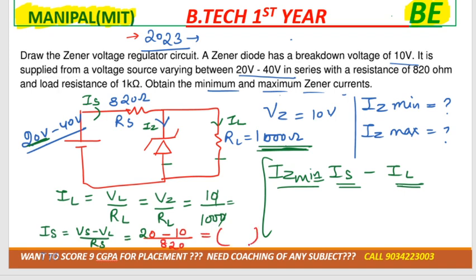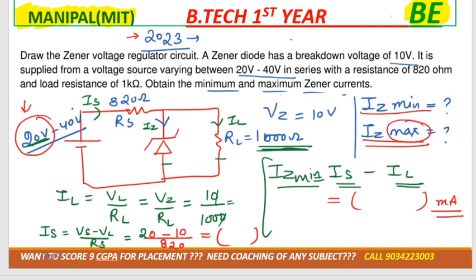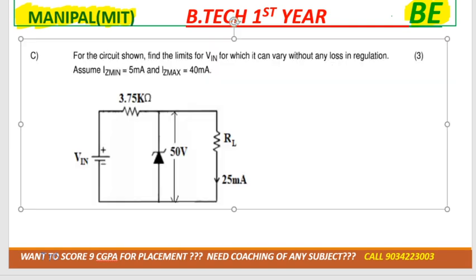So can we get the IS value from here? We can substitute over here. Then the current would be in the milliampere. Okay, we'll get the IZ minimum. Same procedure we need to repeat by using IZ maximum. This time we have taken 20 volt, next time we'll take 40, then we'll get the answer.